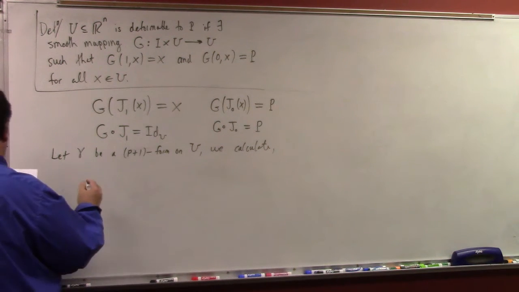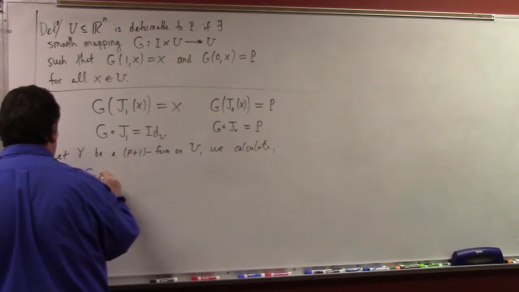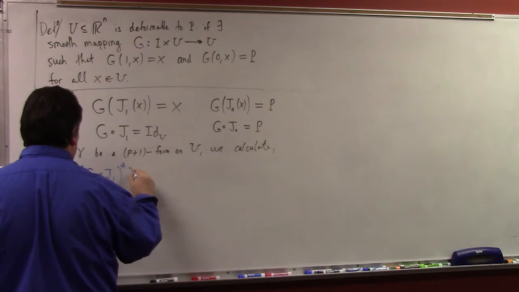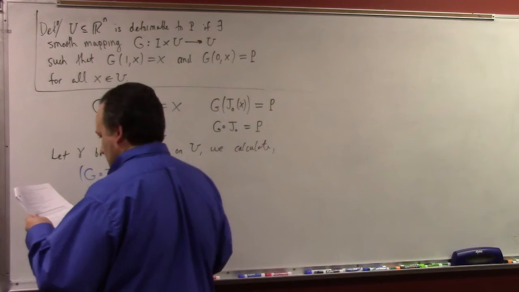So we can calculate that G composed of J1, let that pull back gamma, is equal to the identity pulling back gamma, right?